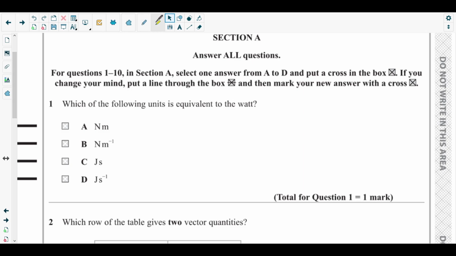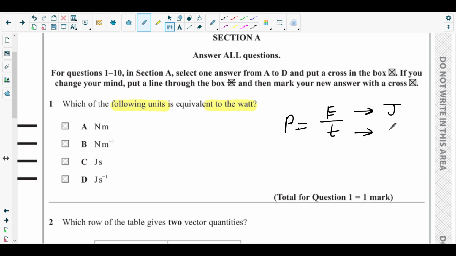Okay, number 1. The question is asking which of the following units is equivalent to the watt. Watt is the unit for power, right? Power is the rate of energy transfer, that is energy E over T. The unit for energy is joule, and the unit for time is second.